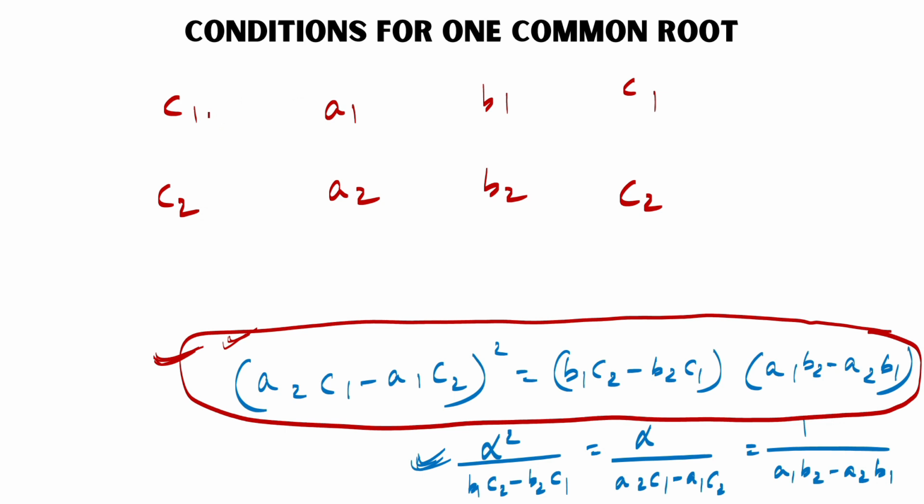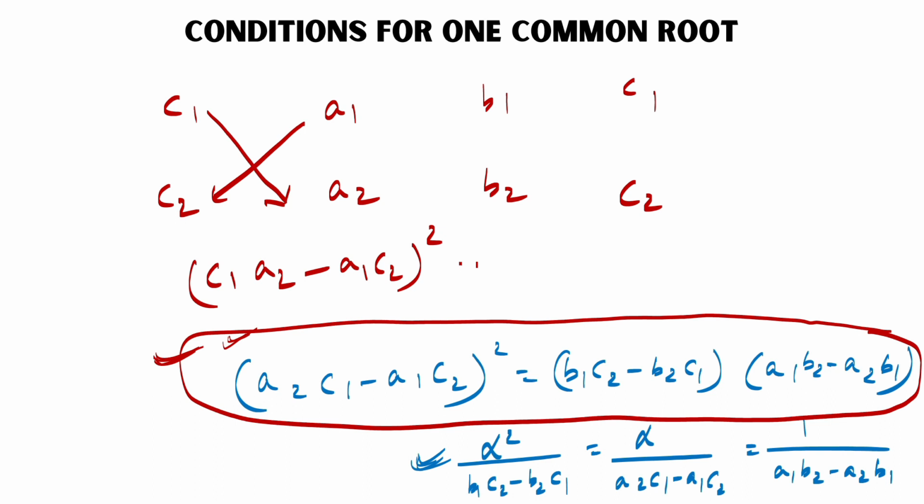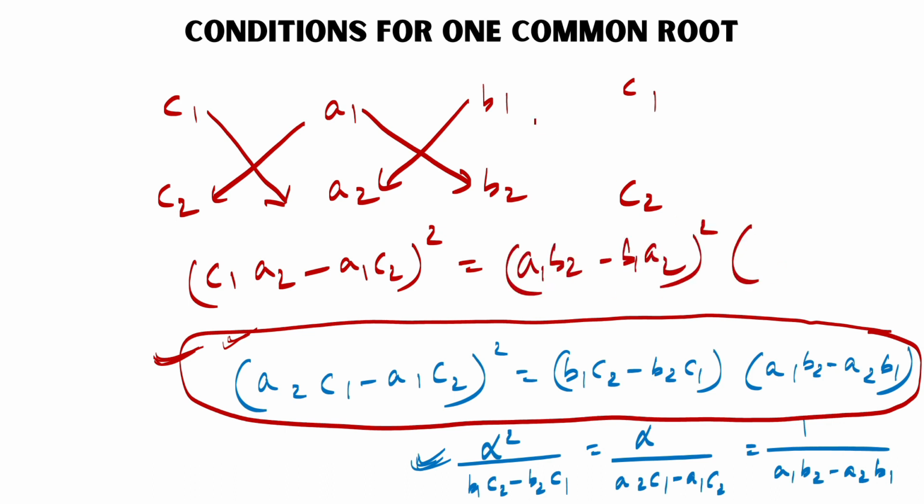We'll go in this order: c1, a2 minus a1, c2 whole square is equal to a1, b2 minus b1, a2 into b1, c2 minus c1, b2. Anyway we are squaring this, even if it's negative, it will be positive at the end.